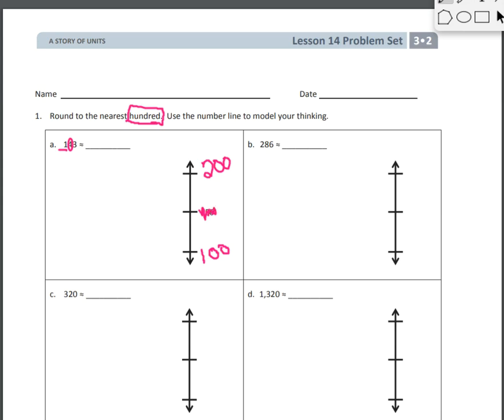You can absolutely scribble it out if that is messing with you. So 143, so this would be 110, 120, 130, 140, and 143, that's pretty close to 140. So my mark would go right there. It is about 100. So that's me solving this on the number line.